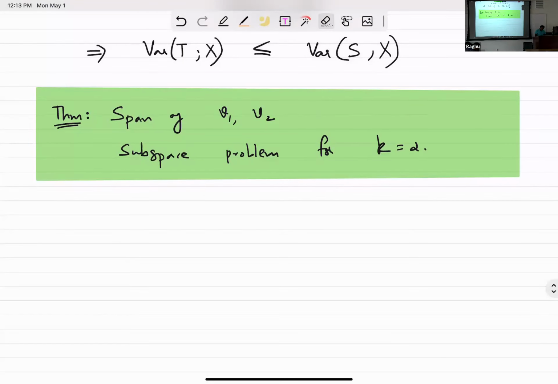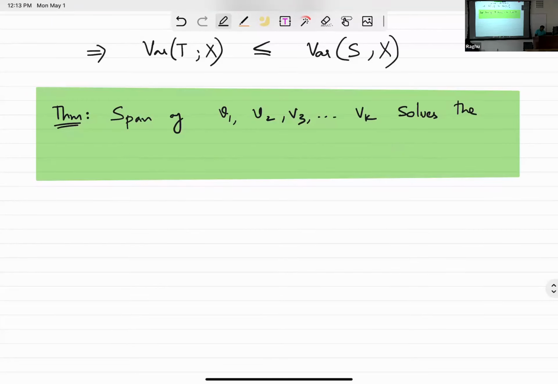In general, the span of V1, V2 up to Vk solves the best fit subspace problem for K. So someone gave me a data set and said, here's K, I want you to find the best fit subspace for this K. I just have to compute the first K principal components, and that will solve the problem.